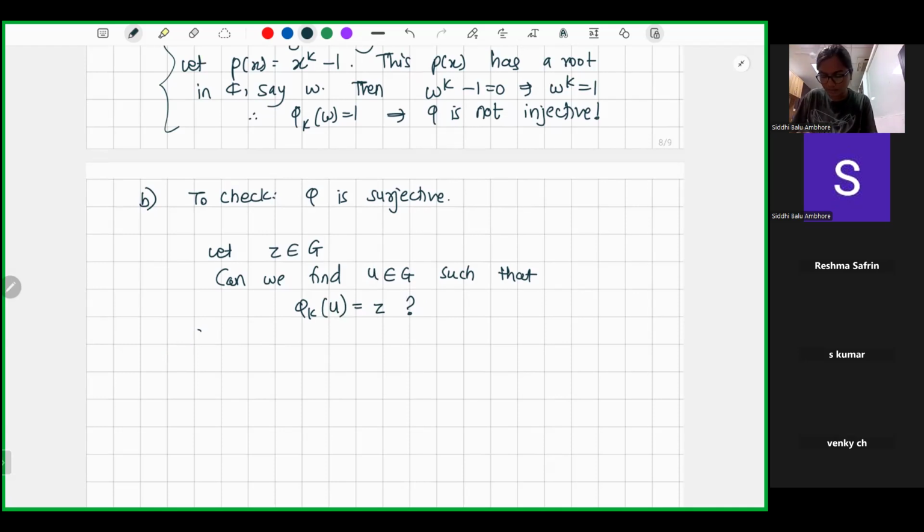Can we find U in G such that U power k is Z?